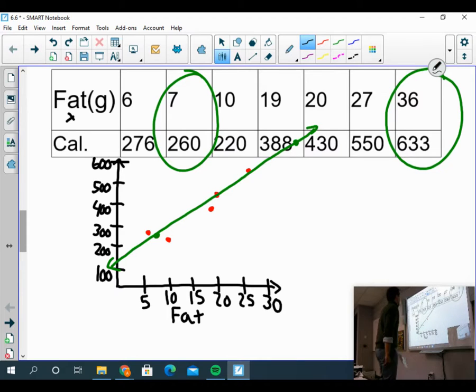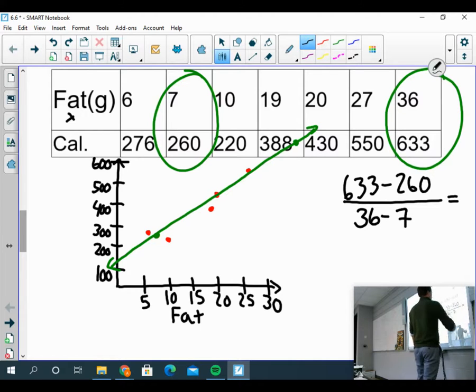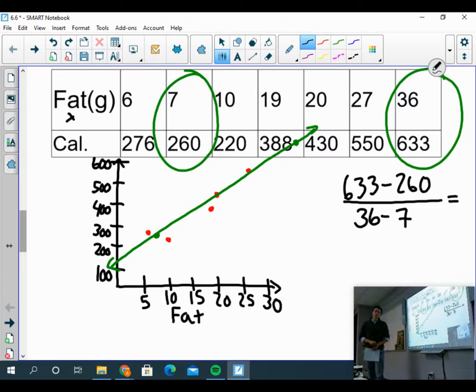Okay? So where do I go from here? Well, from there, I need to find a slope. How do I find a slope between those 2 points? y2 minus y1 over x2 minus x1. Now, you might be sitting there wondering, Mr. Carter, you told us in the last video that the slope had to be consistent among every point, and it is not consistent among these points.